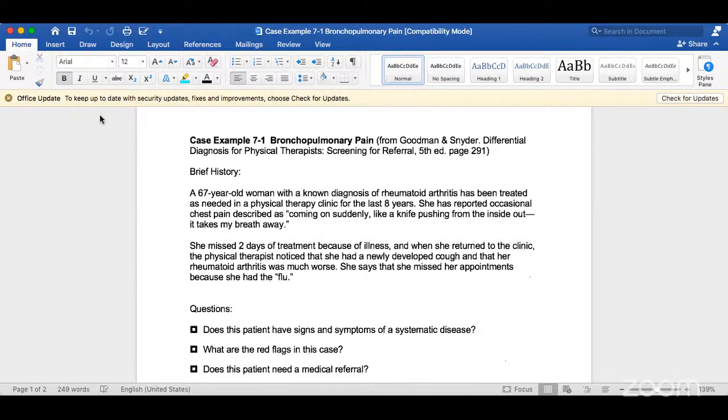Okubo Callistus. Okay. Good evening, sir. I think the red flags here should be the cough, and when she said she had missed her appointment because she had a flu.